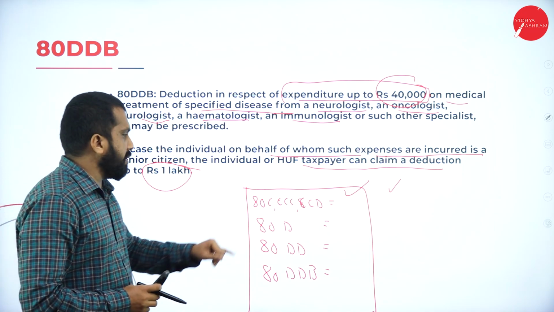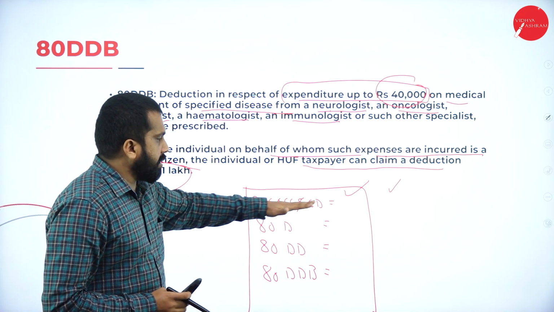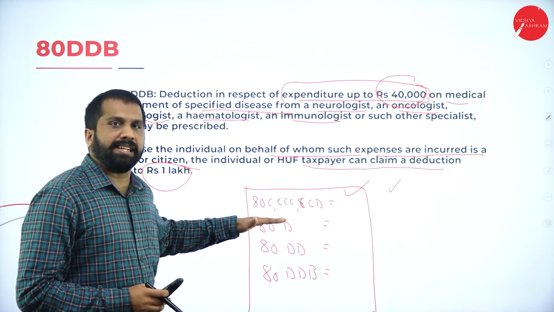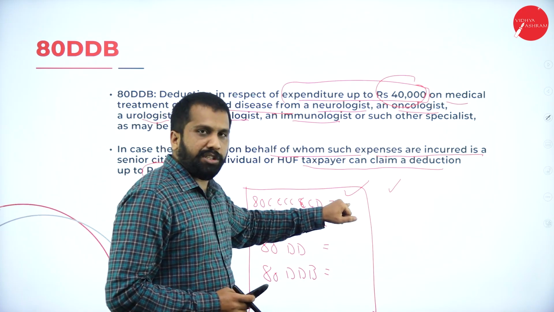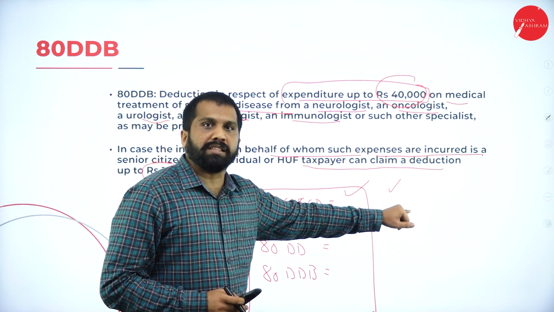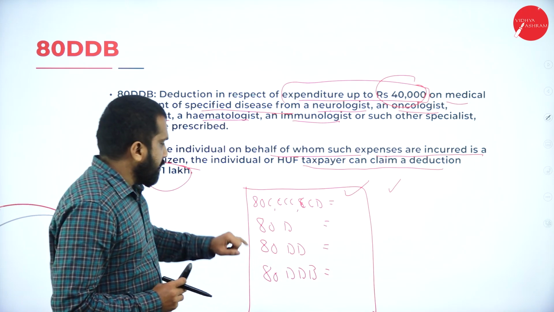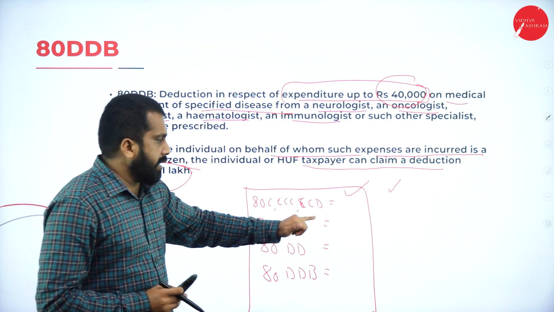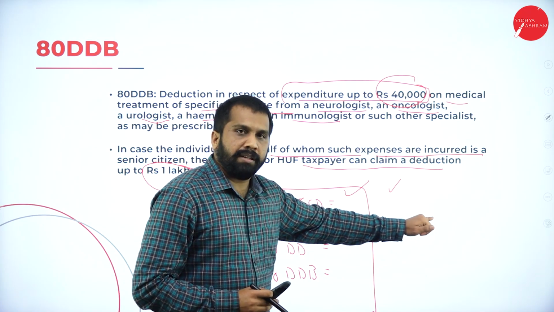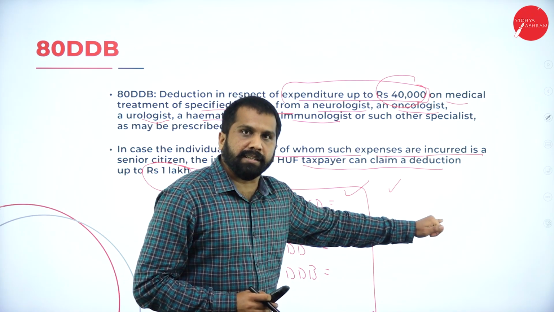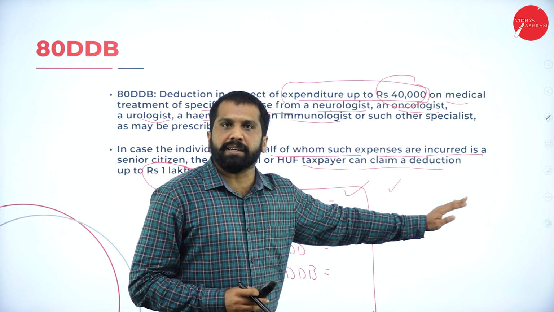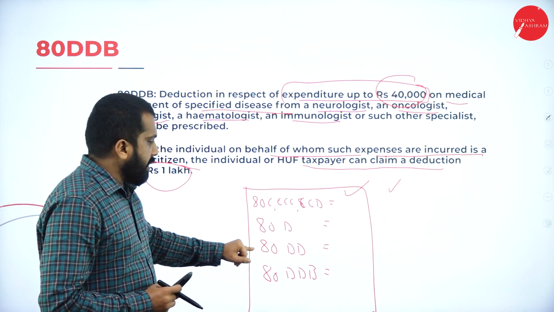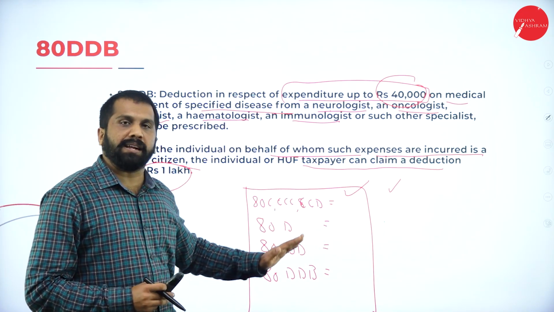I'll give you an example. Don't consider all three, just consider 80C. This is for investment, 1,50,000 is the limit. 80D is for health or medical insurance: individual 25 and senior citizen 50, all put together 1 lakh. 80DD is for dependent.